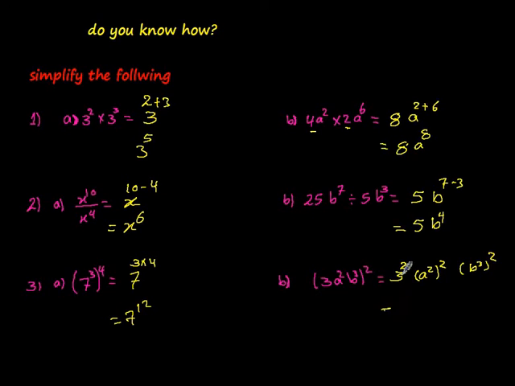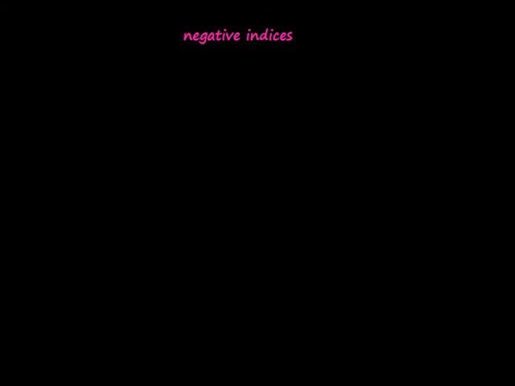To simplify this expression, it will be 9, a power 2 to power 2, it will be a to the power of 2 multiply 2 equals 4, b to the power of 6.